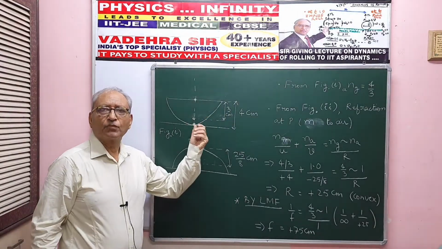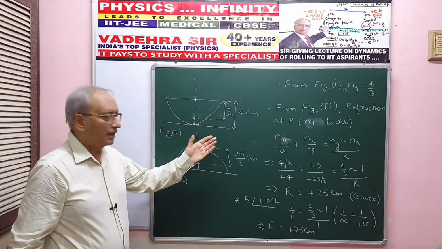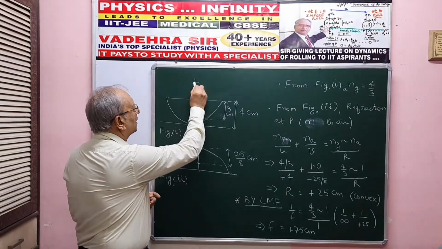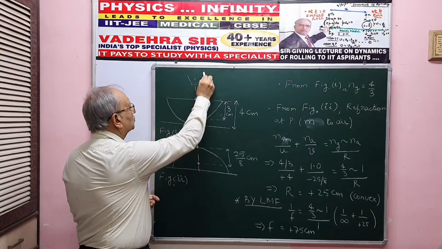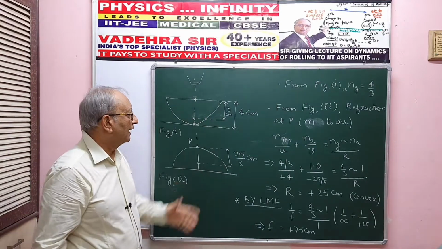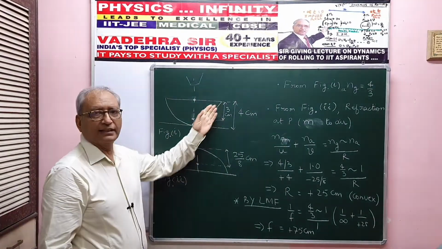So this is the material, and when it is placed on a horizontal table, then the bottommost point, when seen normally from above in air, appears to be 3 centimeter.